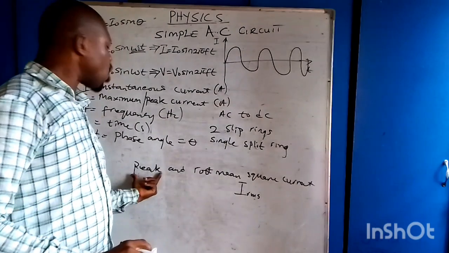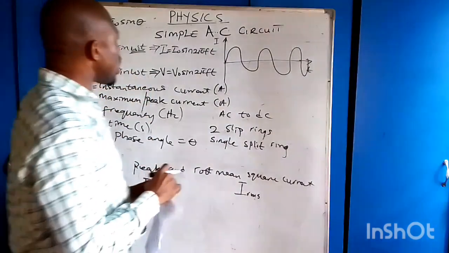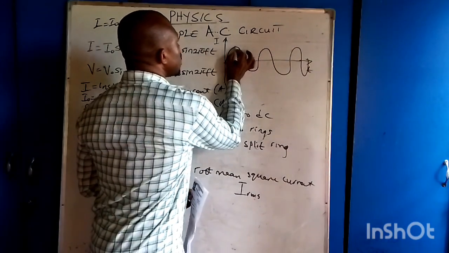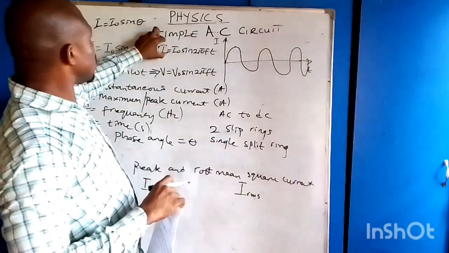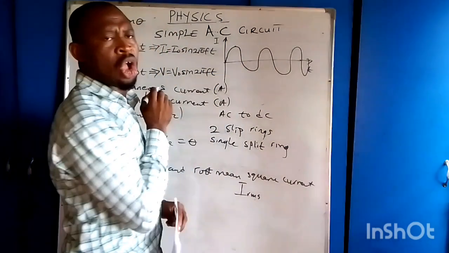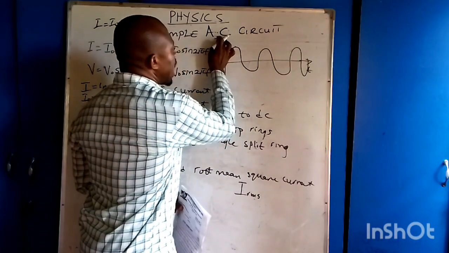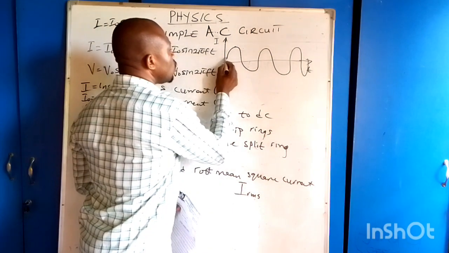The peak current is nothing but the maximum numerical value of the current, and of course this is the peak. While for this, in fact, this is the instantaneous current. At any instant on this curve, you can trace. This is I against t. You can trace from I down to t.